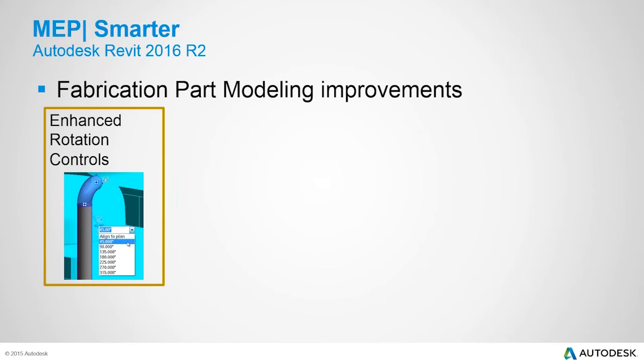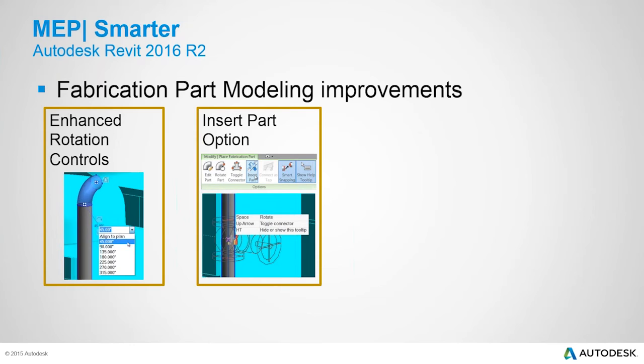So with this new rotation tool, this enhanced rotation control, it enables us to more easily rotate parts about its axis to any desired angle, and this would give us more control and improve productivity when rotating connected parts around their connected ends.